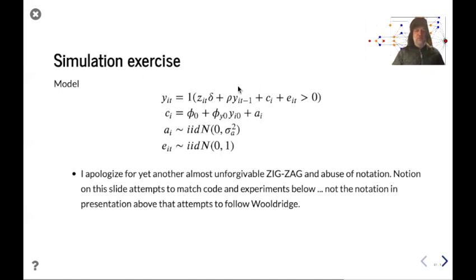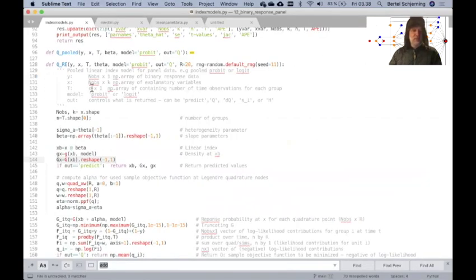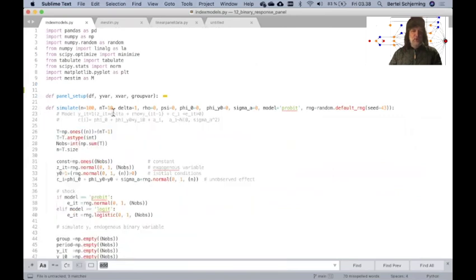This is basically the equations that mimic the simulation module that we have in the code, or the simulator here.